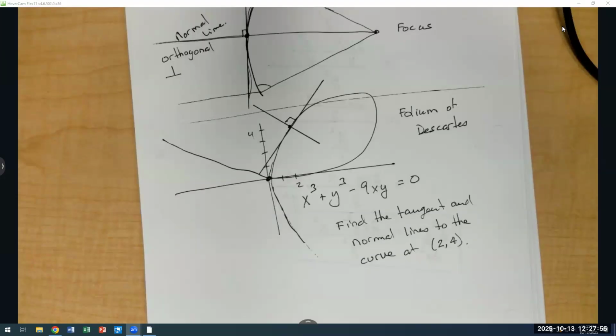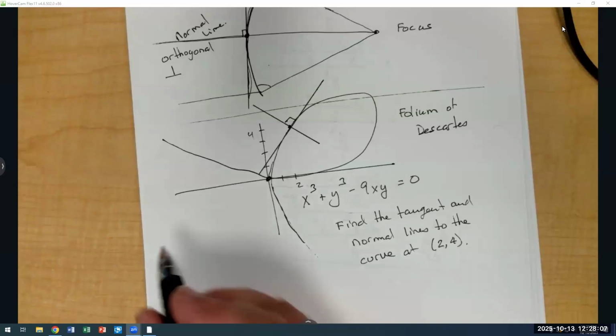Very good. You found it in the notes. No, I didn't. Right. They're negative reciprocals of each other. That's what I'm looking for from algebra. What does that mean?